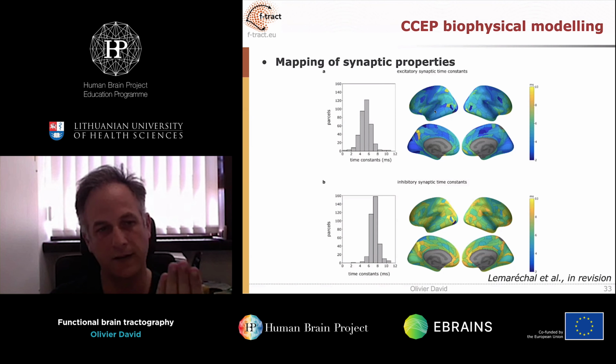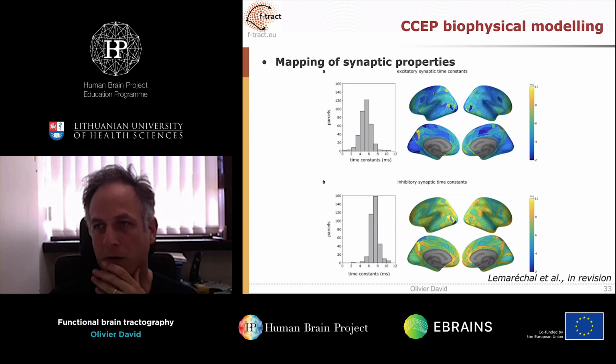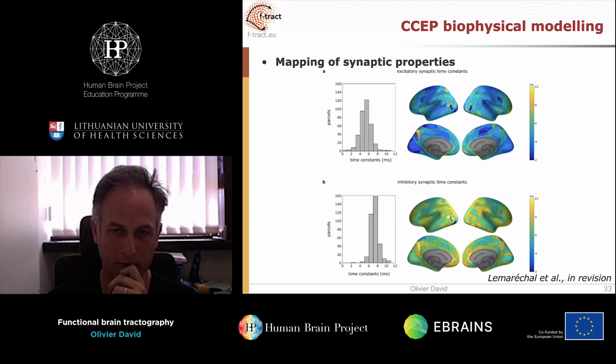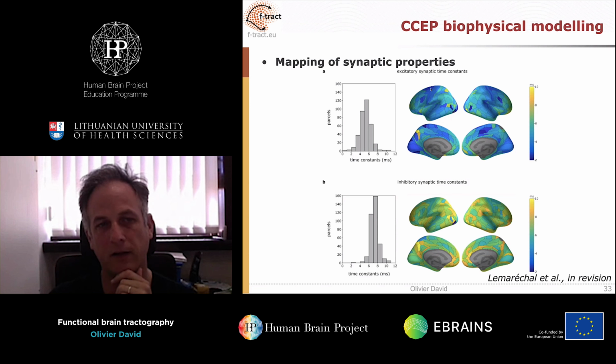And you may guess here, for example, excitatory is on top. You may see that the primary cortex, so for example, somatosensory cortex, visual cortex, the excitatory properties are faster than, for example, in limbic areas, which are there.